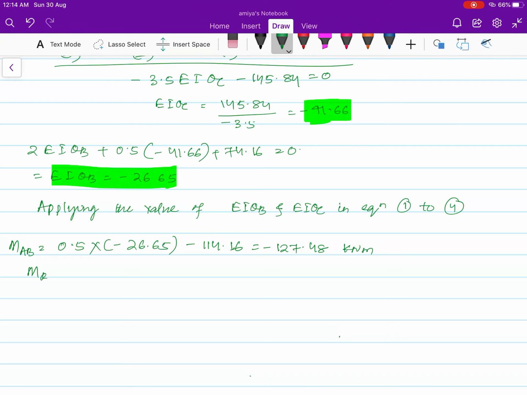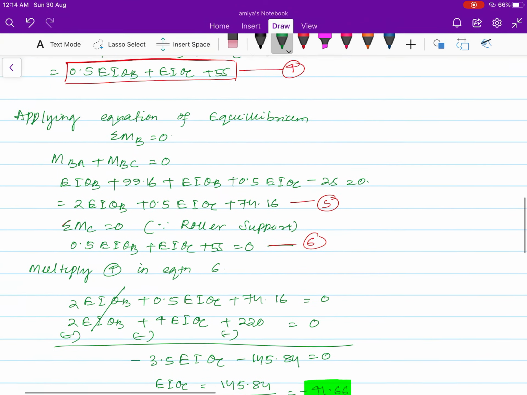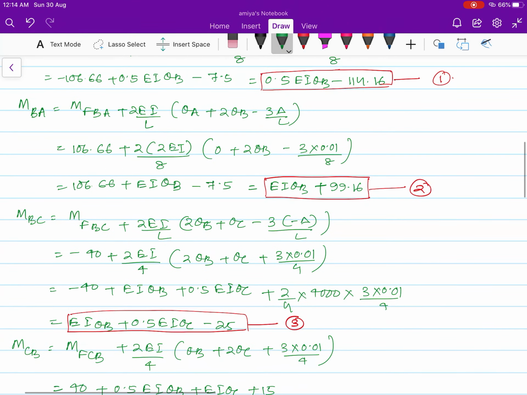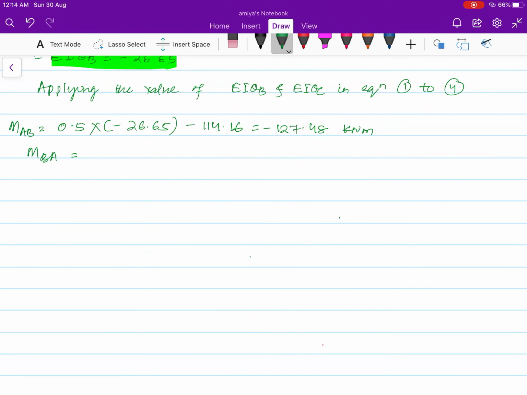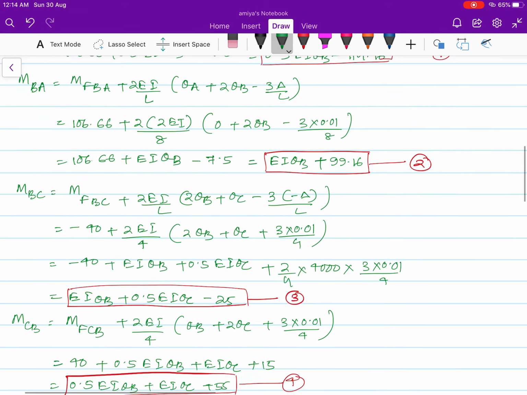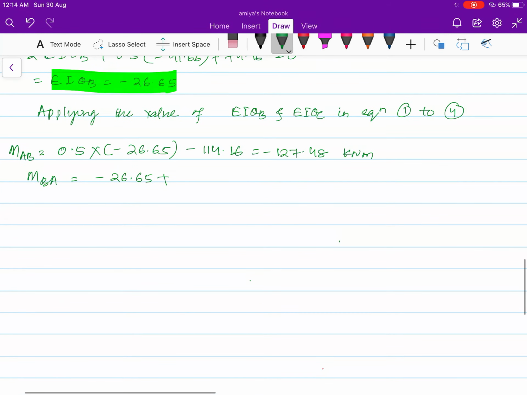Now MBA means we apply the values in equation 2. EI theta B plus 99.16, so we get minus 26.65 plus 99.16, which is 72.51.